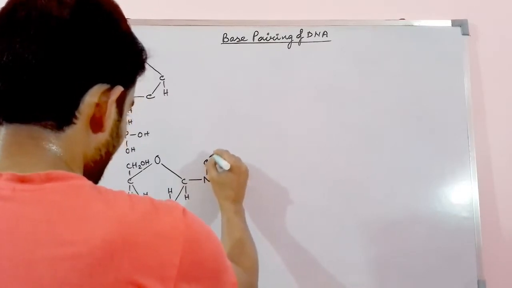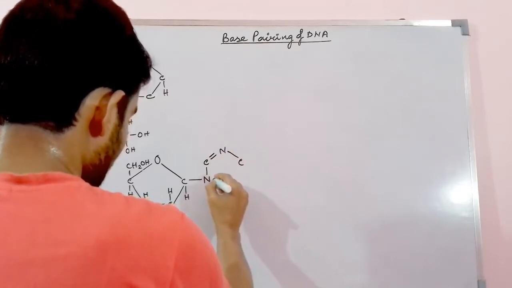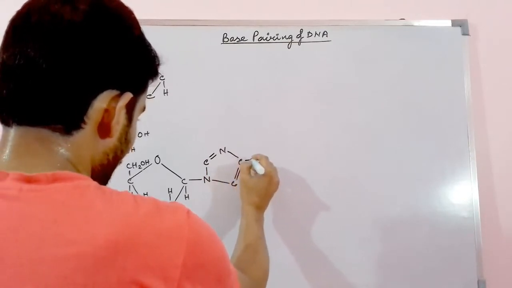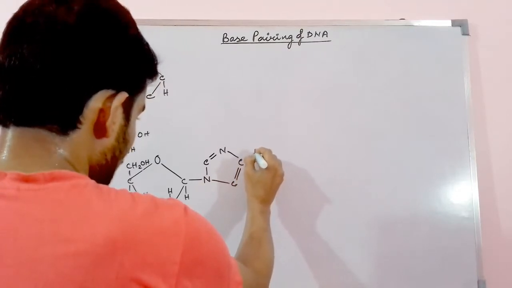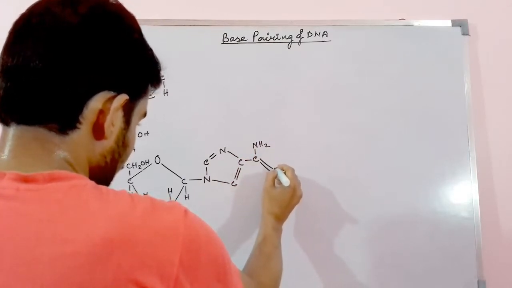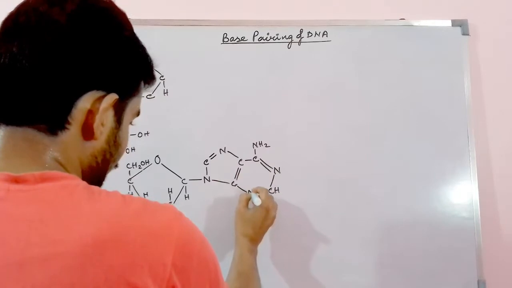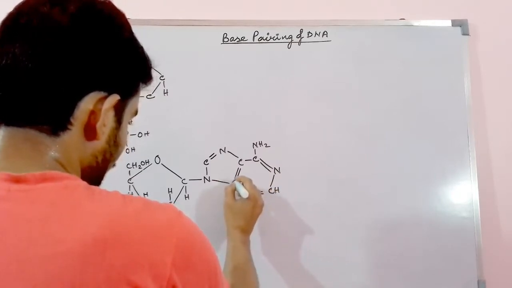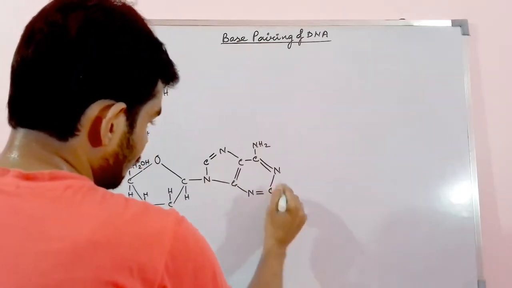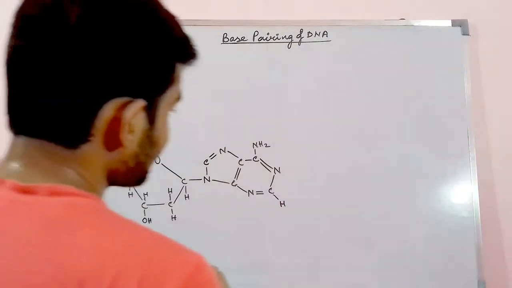C double bond N, C. So this is roughly what an adenine base looks like.